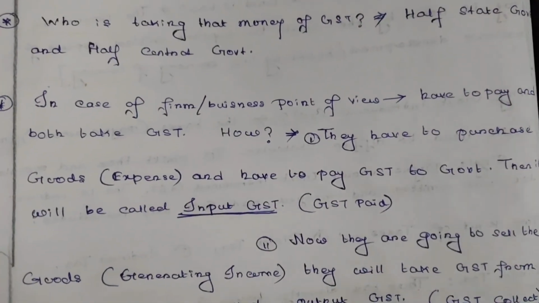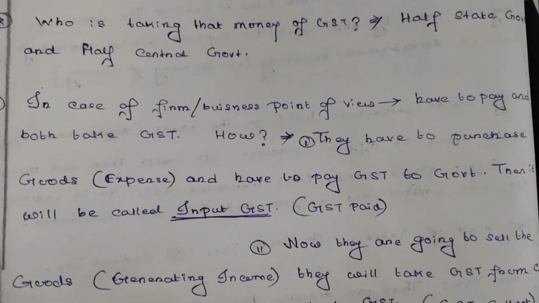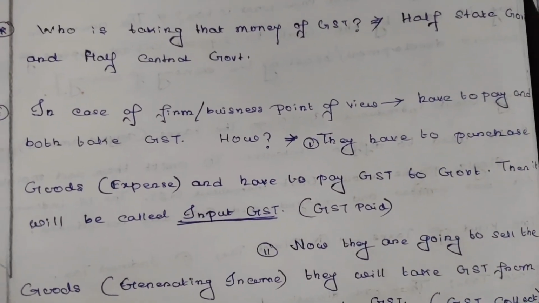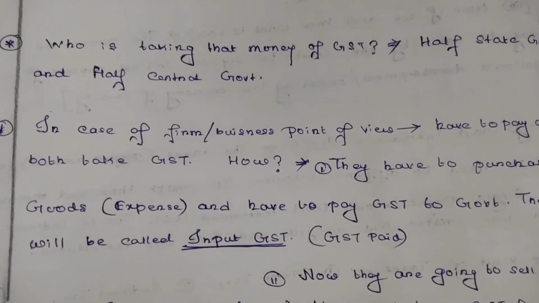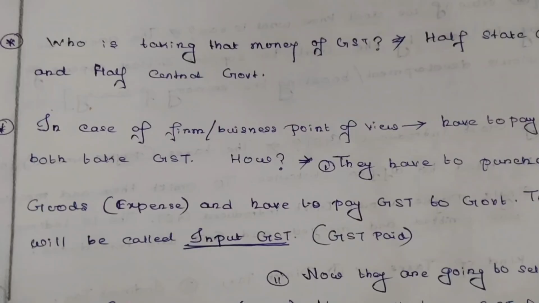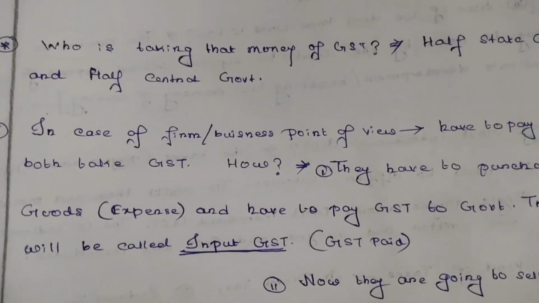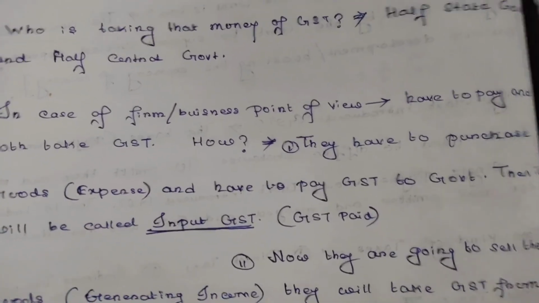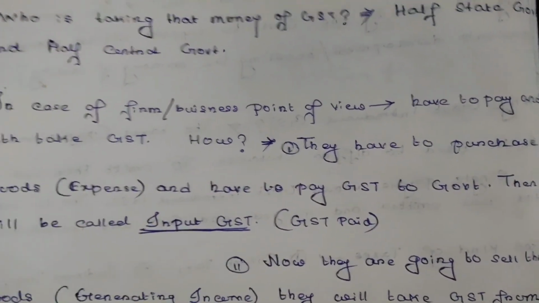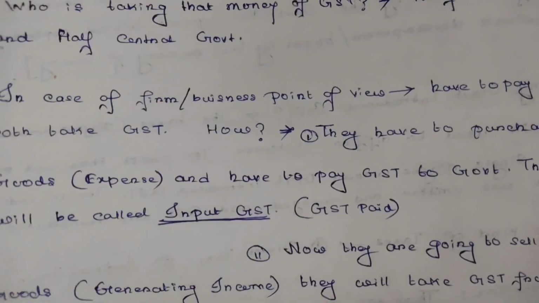Now, from a firm or business point of view, suppose there are a gang of people in a partnership business. Okay, then they have both to pay GST to the government and to take GST from the customers they are selling the products to. I will explain how. Point number 1, you can see here that they have to purchase goods, that is expense.